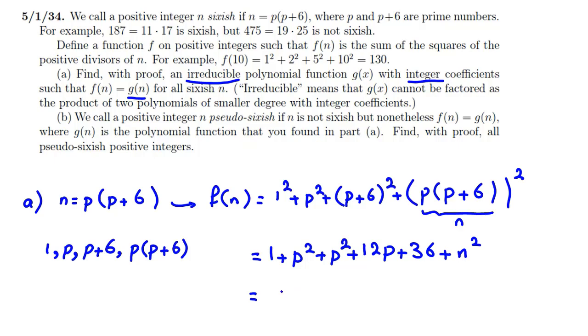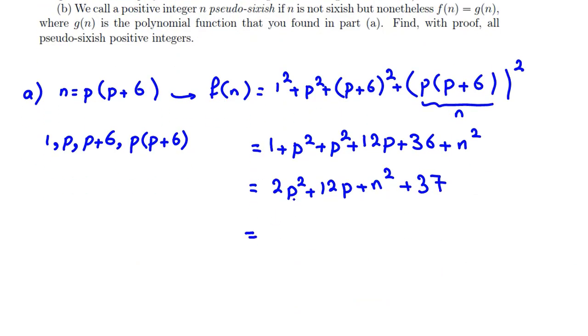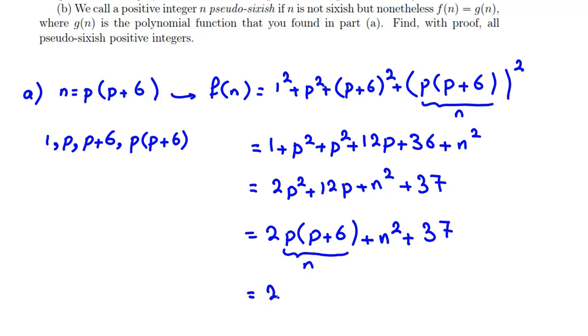So p squared plus p squared is 2p squared, plus 12p, plus n squared, plus 1 plus 36 is 37. Now we can factor out 2p: it will be 2p(p plus 6) plus n squared plus 37. p times (p plus 6) is n, so it is 2n plus n squared plus 37. Writing in decreasing order of degrees, n squared plus 2n plus 37.